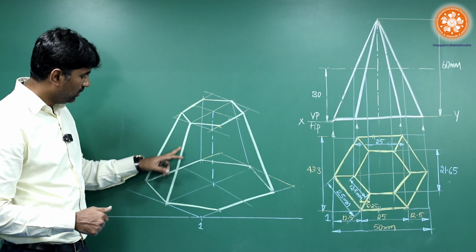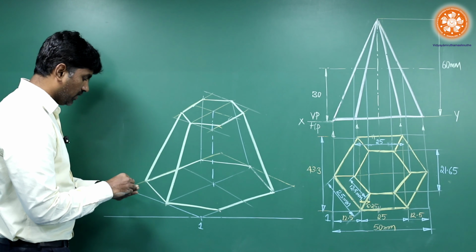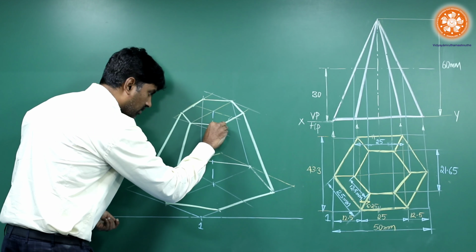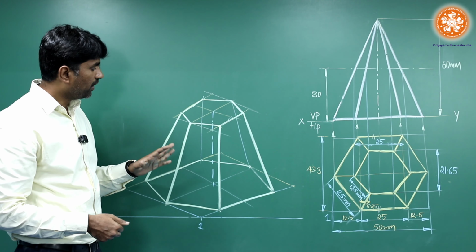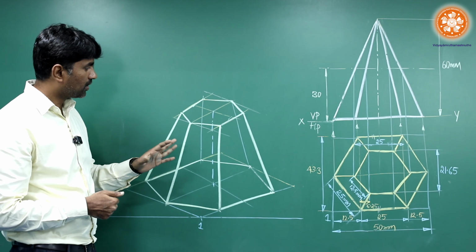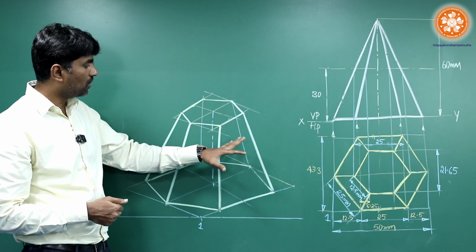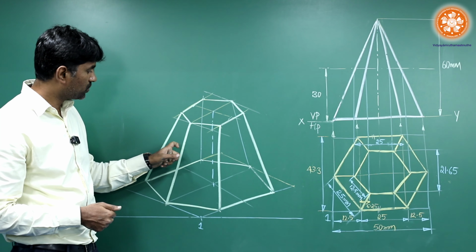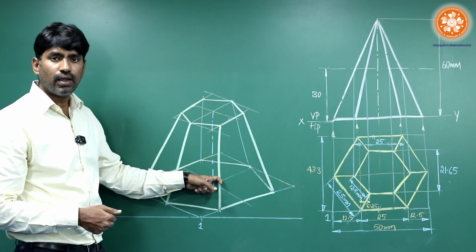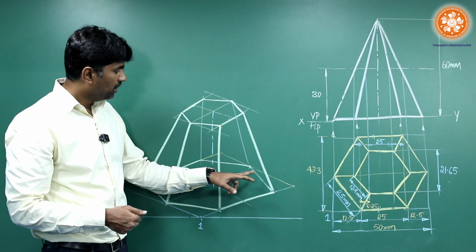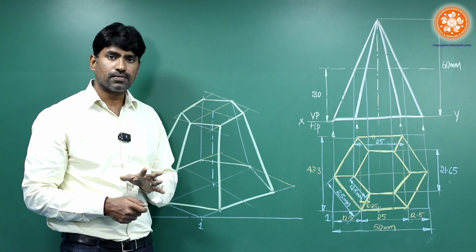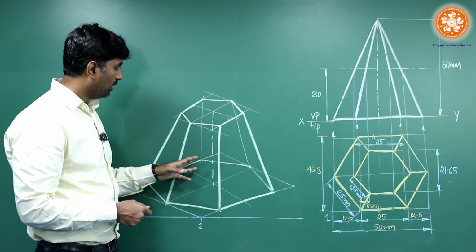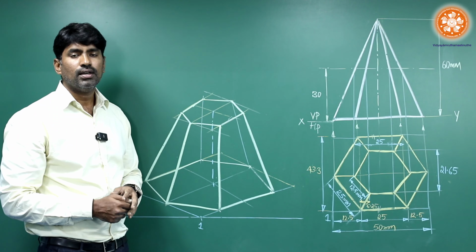After joining all these points, you will get a hexagon in this particular way. The final thing you need to take care of after completing is to ensure which sides are visible. They are supposed to be in a darker line this way, and if they are not visible, they are supposed to be drawn in a thin line, or else if you don't find sufficient time in your exam, you can easily erase those lines.